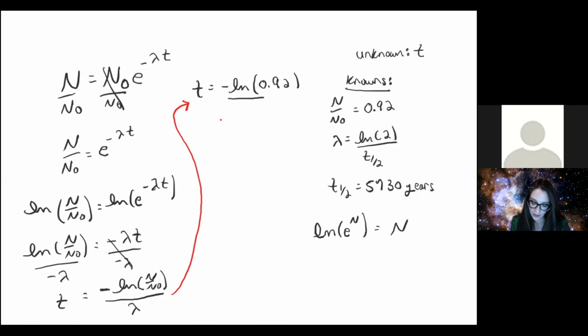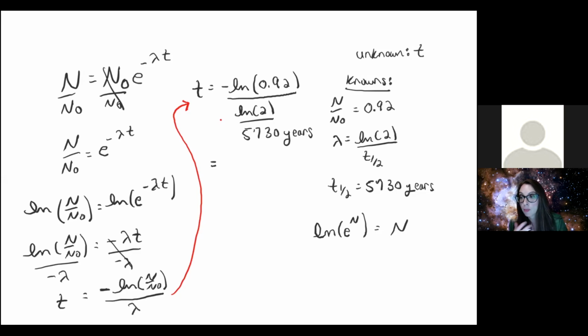And then we're going to divide it by our decay constant, lambda, which will be the natural log of 2 divided by our half-life of carbon-14, 5,730 years. So you'll take the natural log of 0.92.